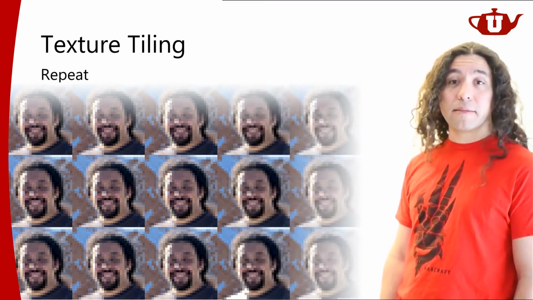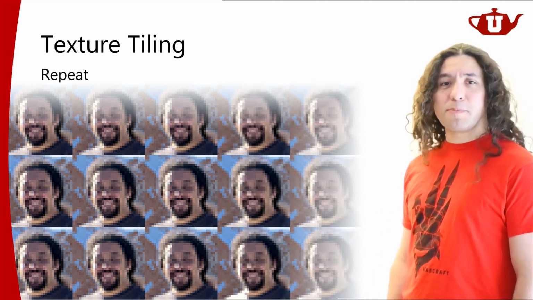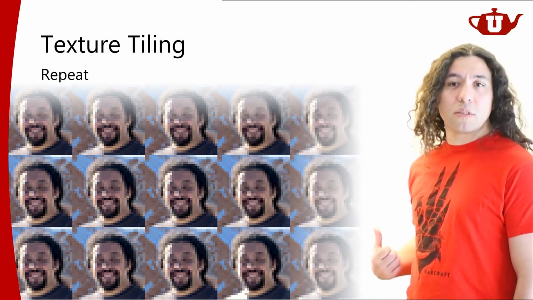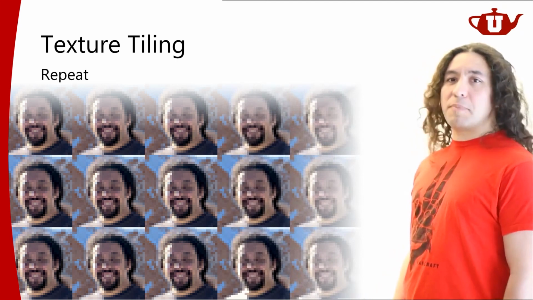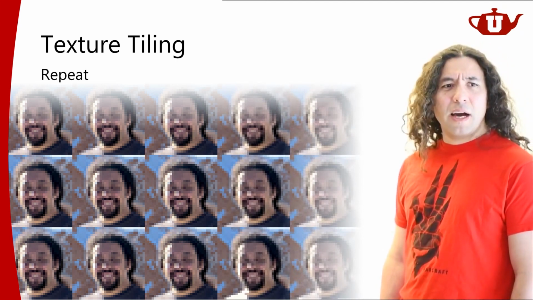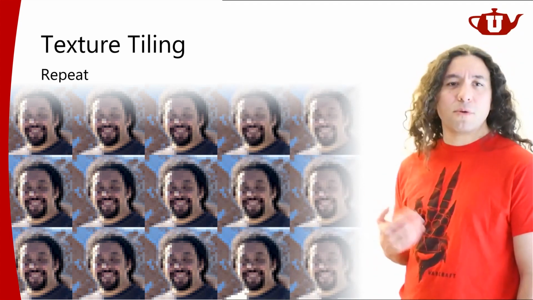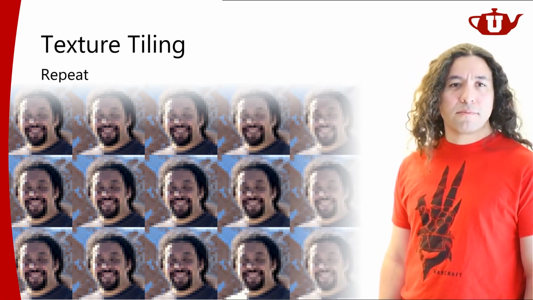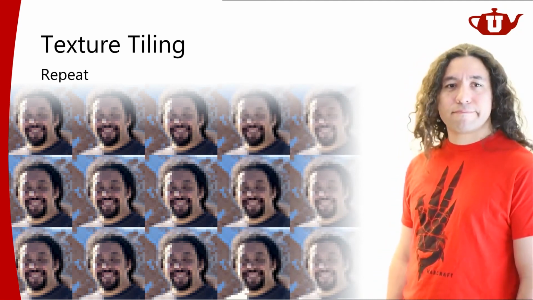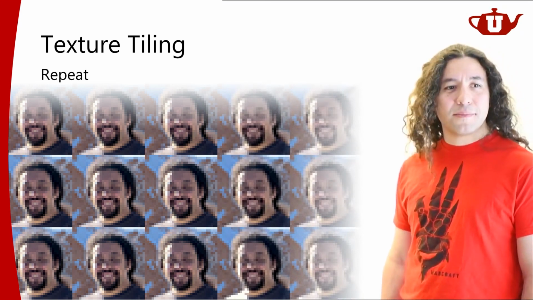The other thing I can do is repeat it. Actually, this is the default mode. If you don't specify anything, I believe GPUs will do this. So the texture will just be repeated. The way to compute this is fairly easy. You just remove the integer part of your texture coordinate and look at the remaining fractional part. Of course it could be negative and whatnot, so it goes to infinity.